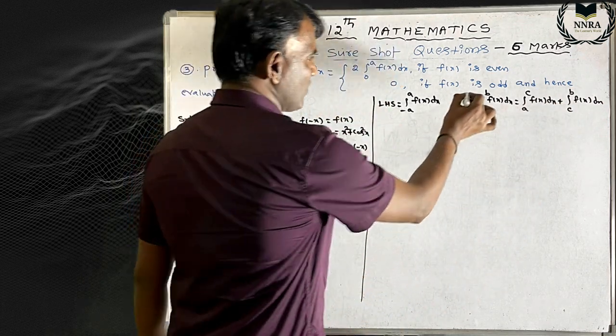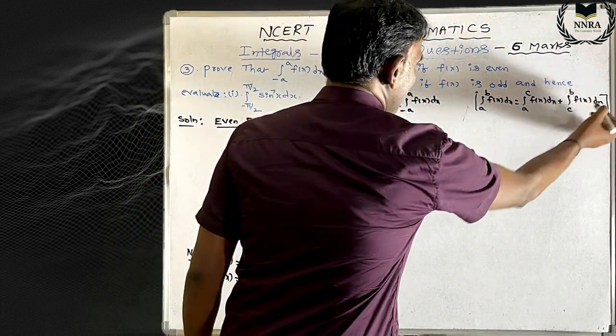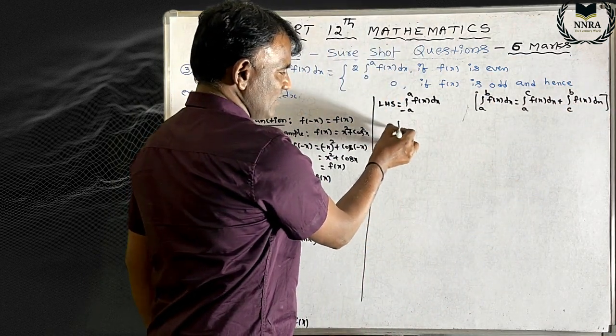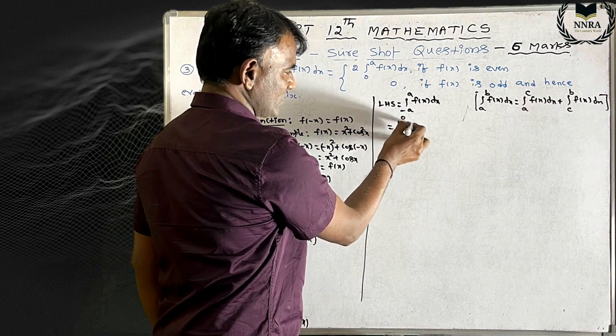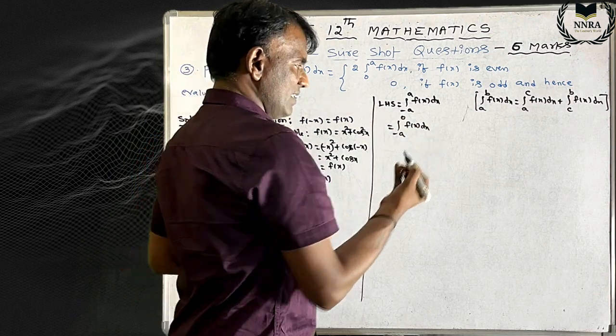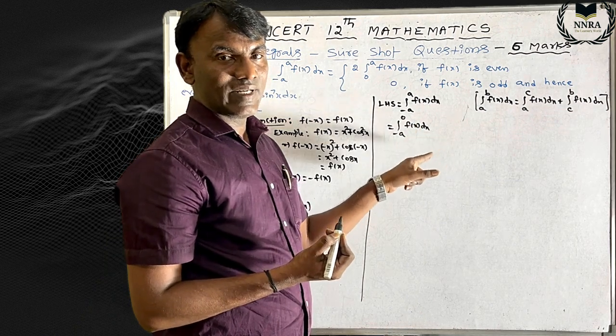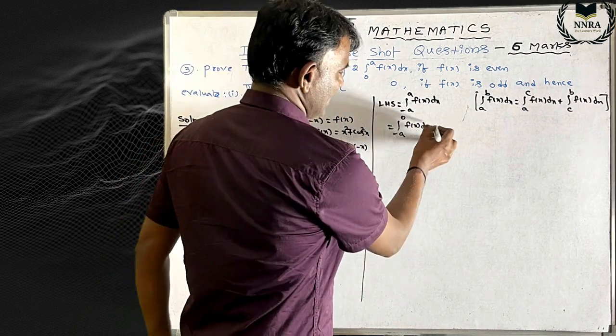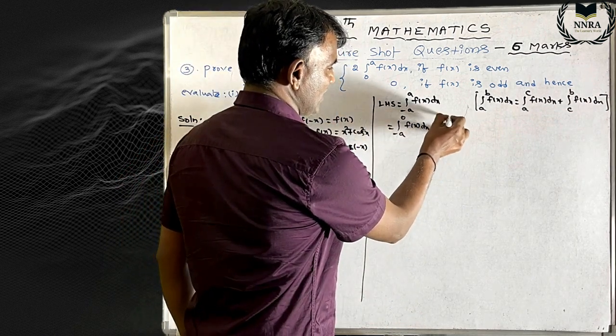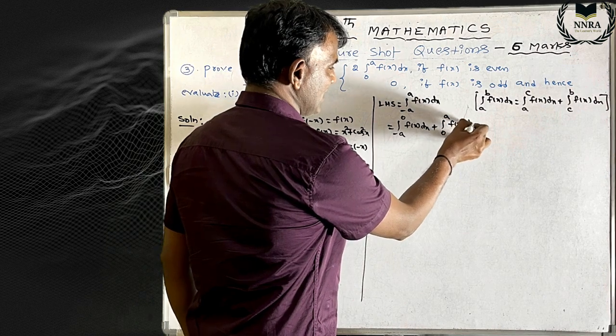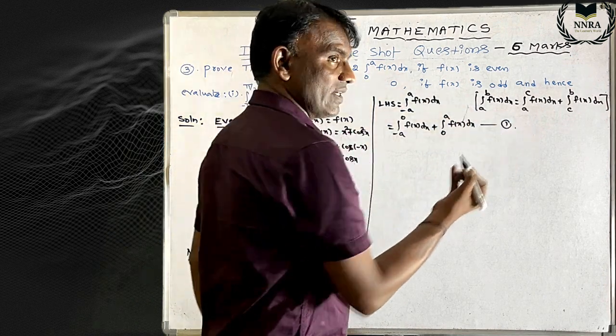That is one standard property. And by using this property, how to write this one? Integral minus a to 0 of f of x dx. Now see, here the upper limit is 0. In the next integral, the lower limit starts with 0 only. Then that can be written as integral 0 to a of f of x dx. This is equation number 1.